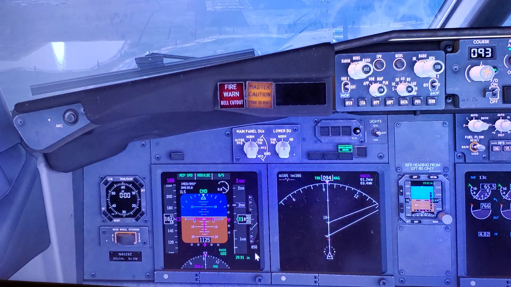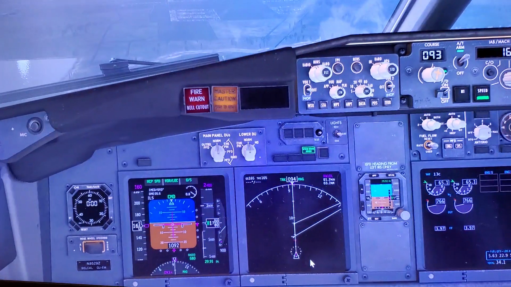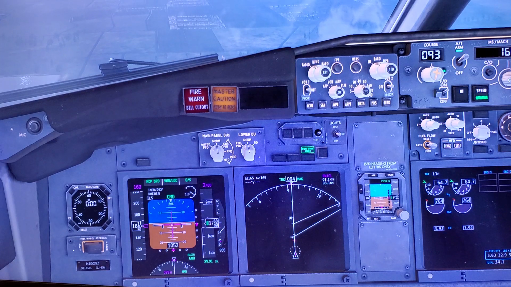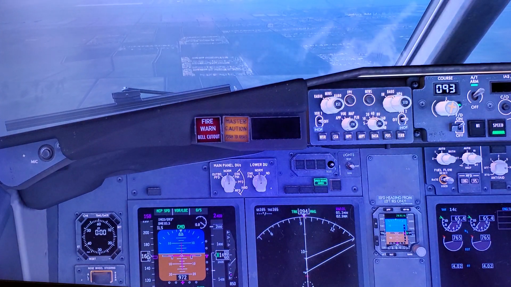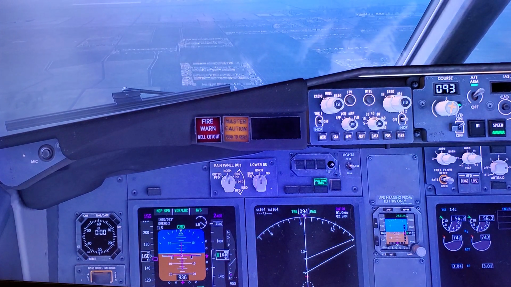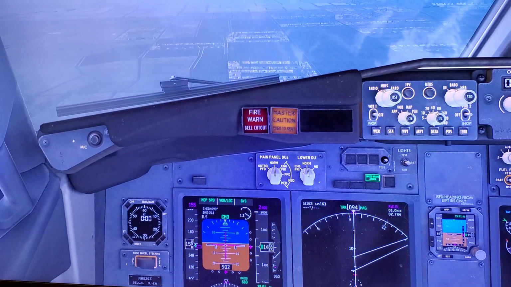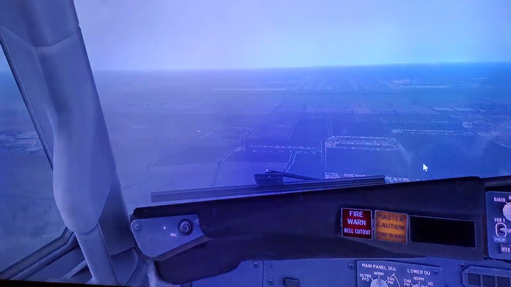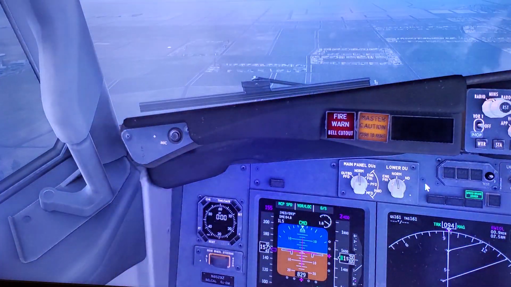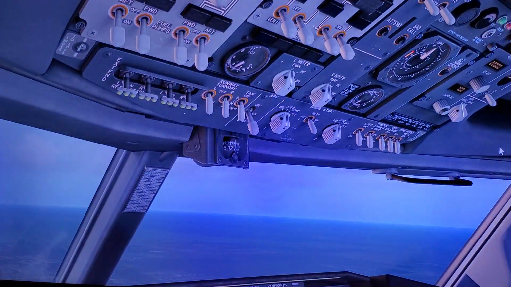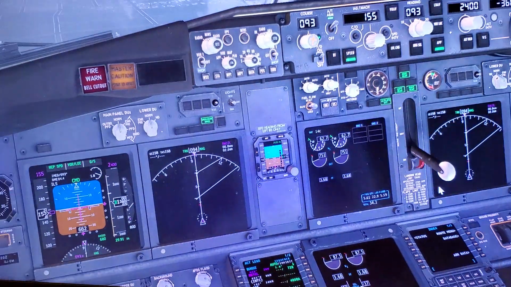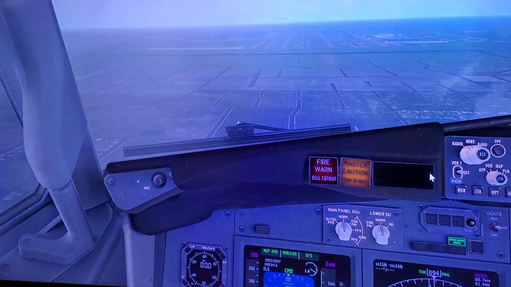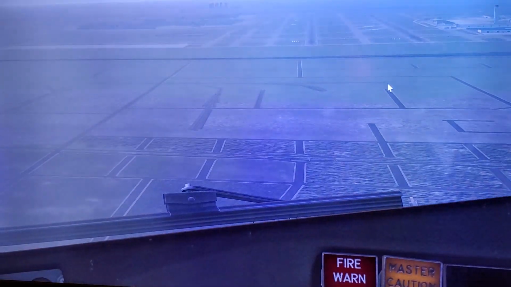Rate of descent 850, exact. The speed should be at 160. I keep it at 160 for now. 1000. I keep it at 155. Minimums. My flap is full. Still two red, two white.